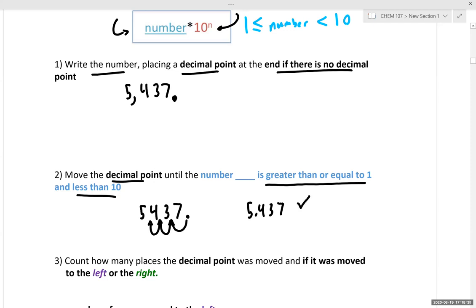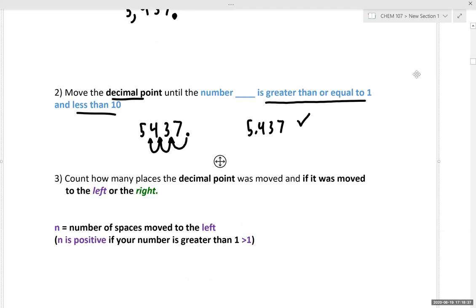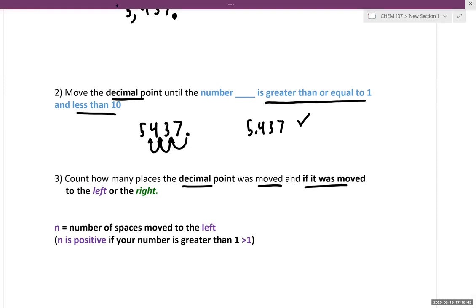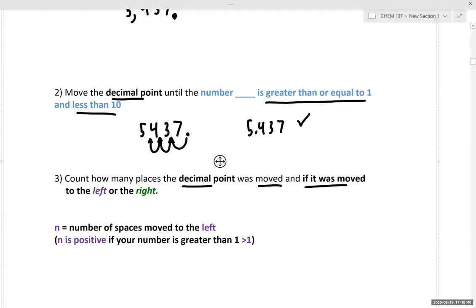Now, what we do is we count how many places the decimal point was moved, and if it was moved to the left or to the right, the direction matters. If we moved our decimal point to the left, n is equal to the number of spaces moved to the left, and n is positive, okay? So in this case, we have 1, 2, 3, so n is equal to 3.